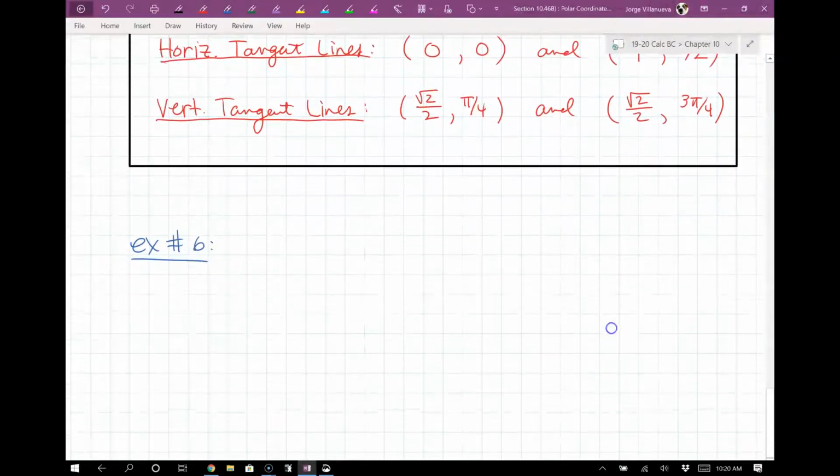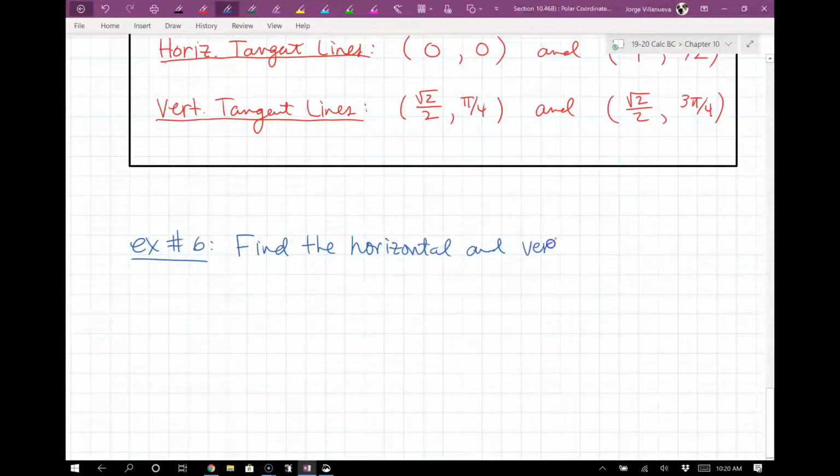So example 6 says we're going to find the horizontal and vertical tangent lines of the following functions.